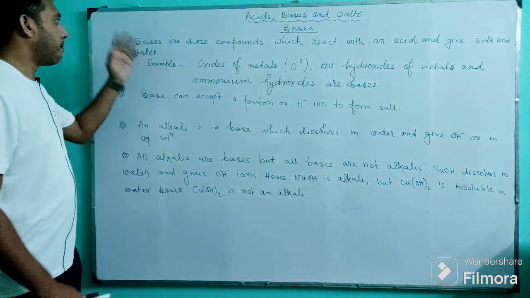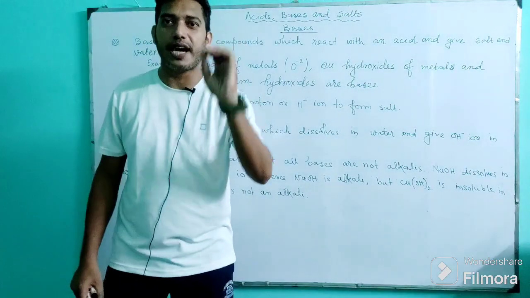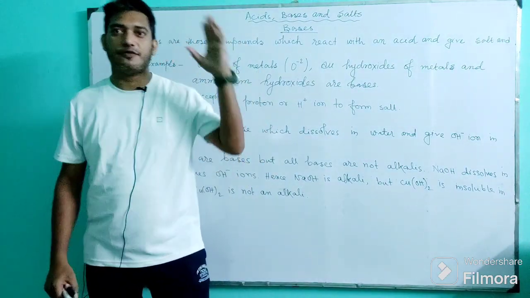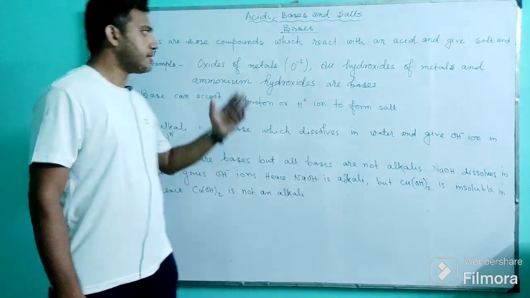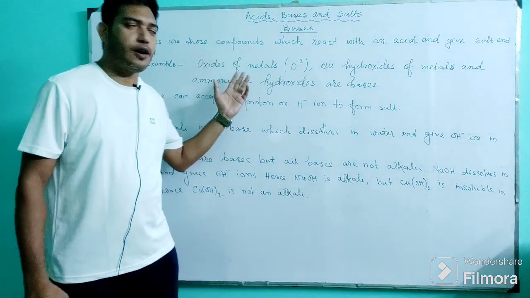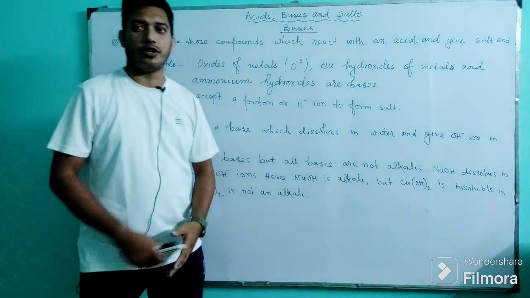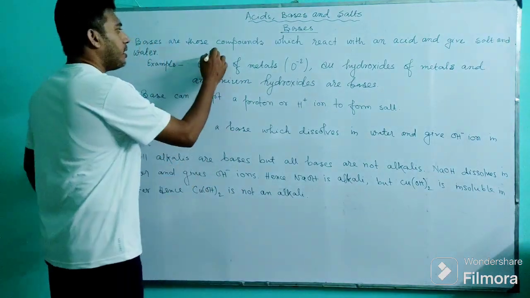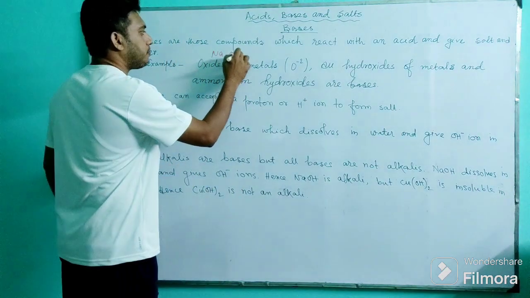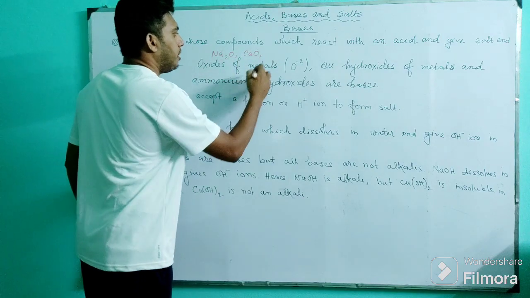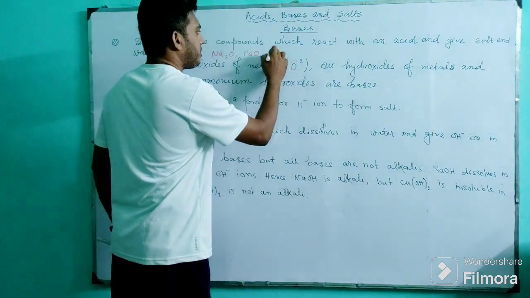What are bases? Bases are those compounds which react with acid and form salt and water. Some examples: oxides of metals, all hydroxides of metals, and ammonium hydroxide. Oxides of metals like sodium oxide, calcium oxide, potassium oxide.